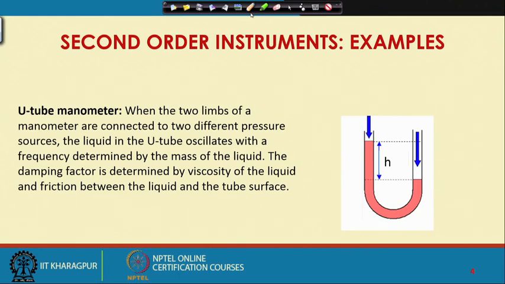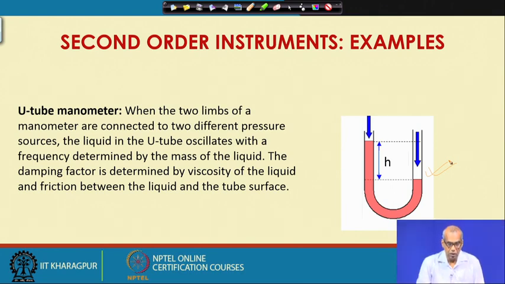So, this is a U-tube manometer. Commonly, it is made of glass tubes and bent in the form of U. These are the two limbs of the U-tube manometer.